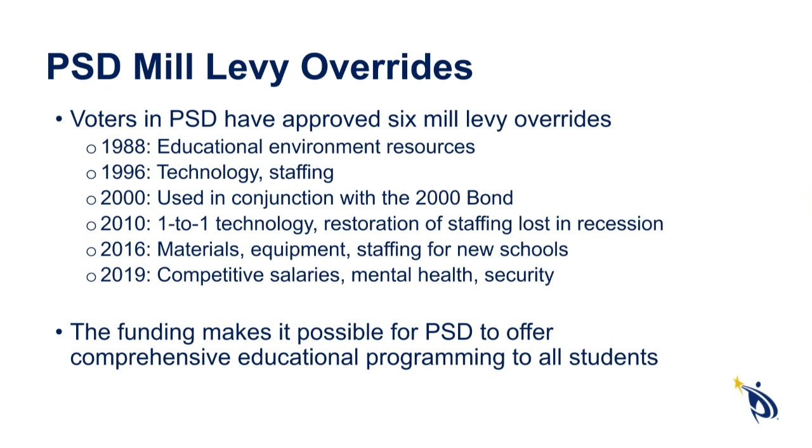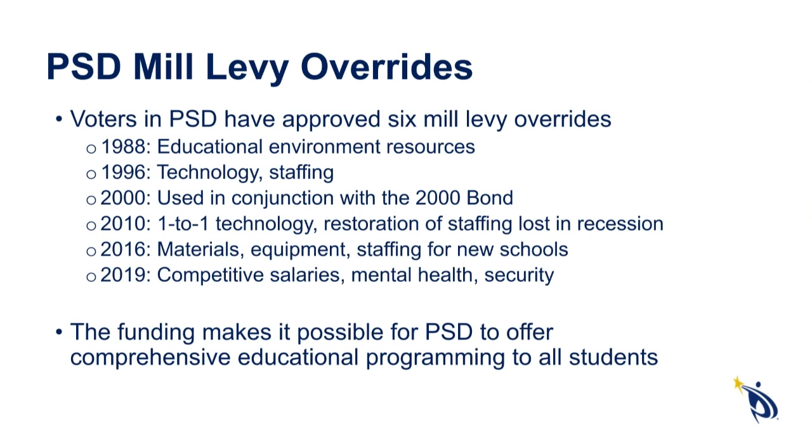Moving forward, the second to the last override that we've had is our 2016 override. That's $8 million. And again, that was really tied closely to us bringing on the new schools from the 2016 bond, very similar to what happened in 2000. So much of that was used for materials, equipment, staffing for the new schools. When you think about adding middle schools, high schools, we added enormous acreage.